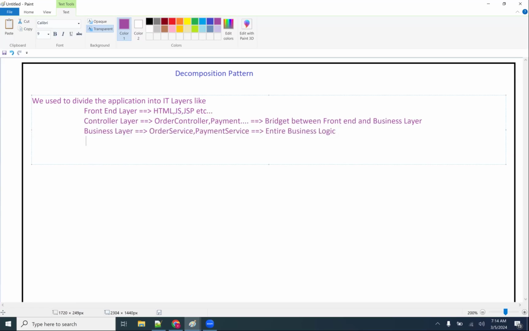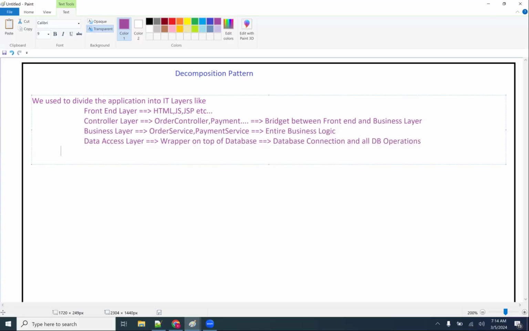Next, the data access layer, which is a wrapper on top of the database, containing the database connection and all DB operations. That is the data access layer.